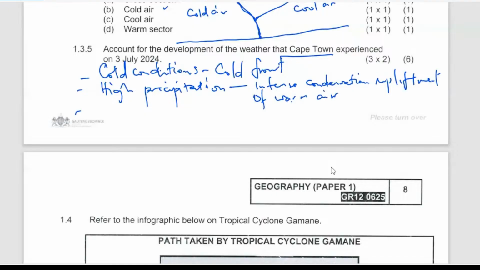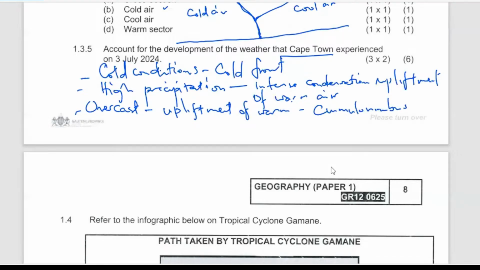Then we also have overcast conditions or high cloud cover. It is because of, again, upliftment of warm air. As the warm air uplifts, it condenses, creating clouds. And predominantly, we talk of the cumulonimbus clouds, which we know are rain-bearing clouds.